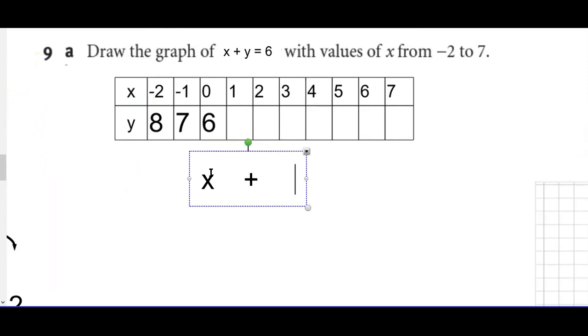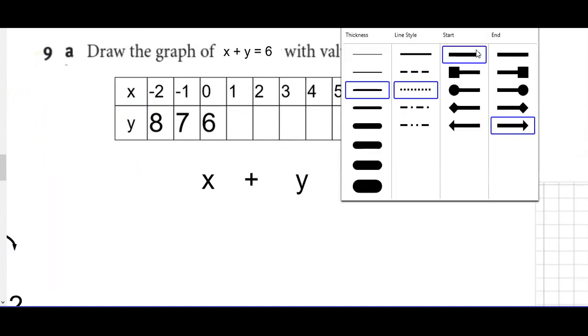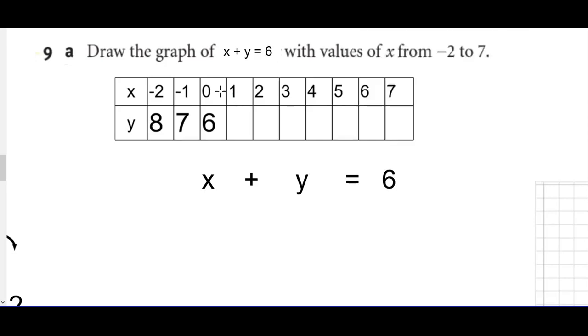Put your equation there, x plus y equals 6. Then this time your x is 1. When x is 1, you take this value and put it here.